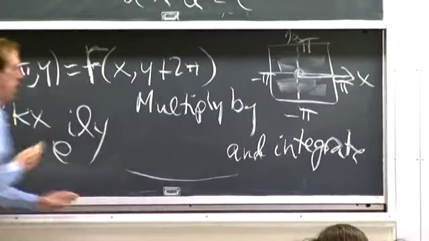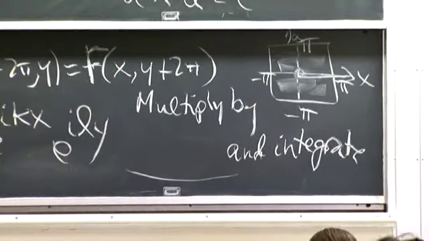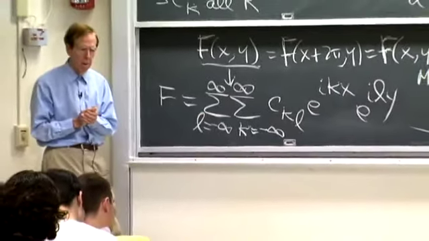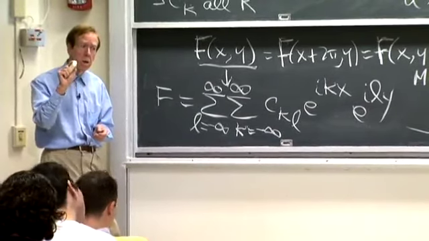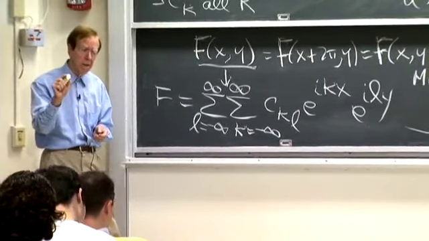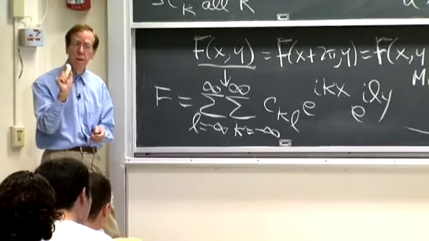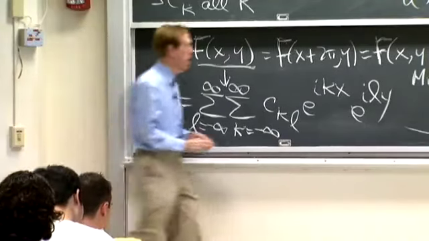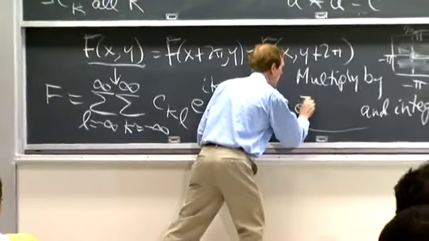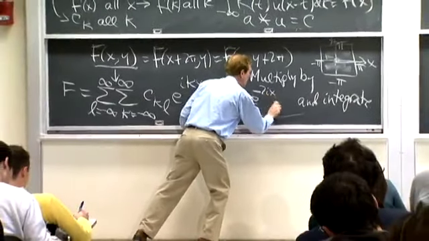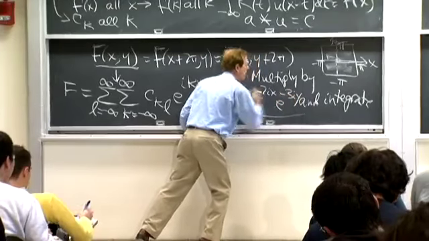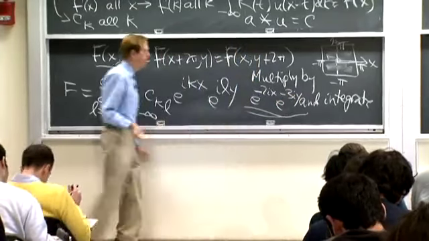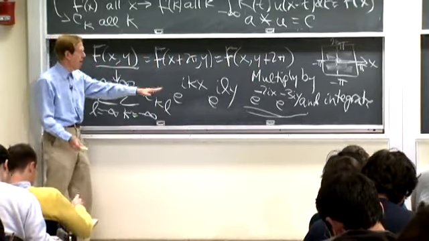Okay, what is it that I multiply by if I'm shooting for C2,3, for example? Is it e to the i 2x? Right, I multiply by e to the minus i 2x, e to the minus i 3y, and integrate.